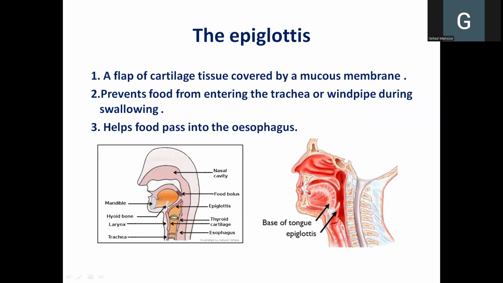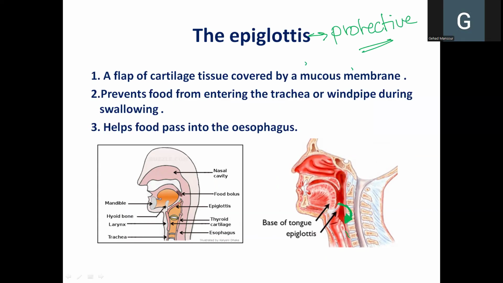We talked about the epiglottis, and we said that the epiglottis is protective against choking, because during swallowing, which is a reflex, there is another reflex, which is the downward movement of the epiglottis.